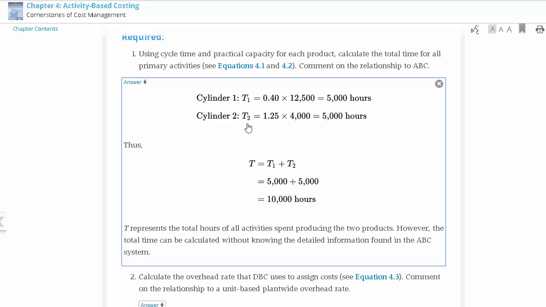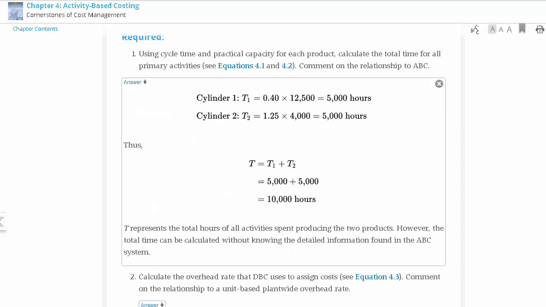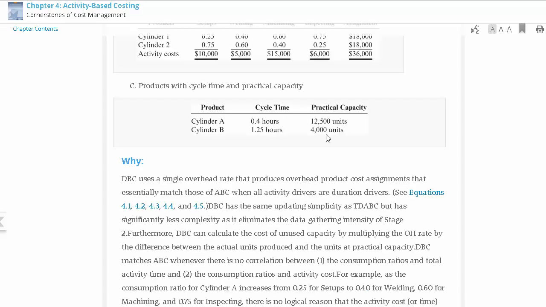Cylinder 2, take T2, 1.25 times 4,000 equals 5,000 hours. So we add them together, we have 10,000 hours in total. Remember that T represents the total hours. Now, that's where the 0.4 and the 1.25 came from, and you see the 0.4 and the 1.25 there. The 12,500 and the 4,000 came from there.